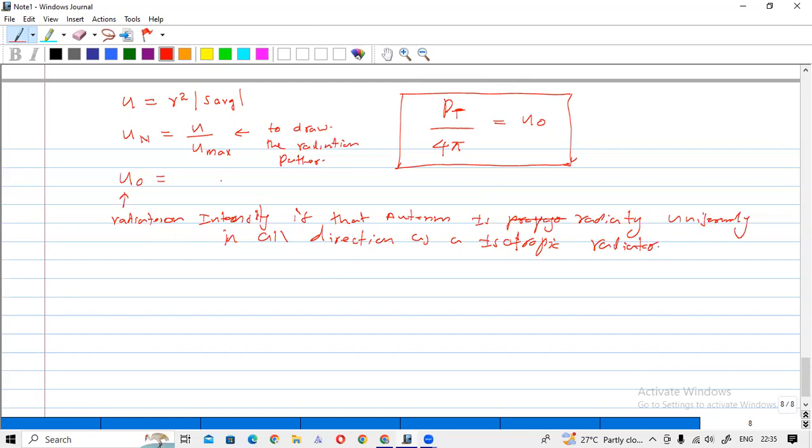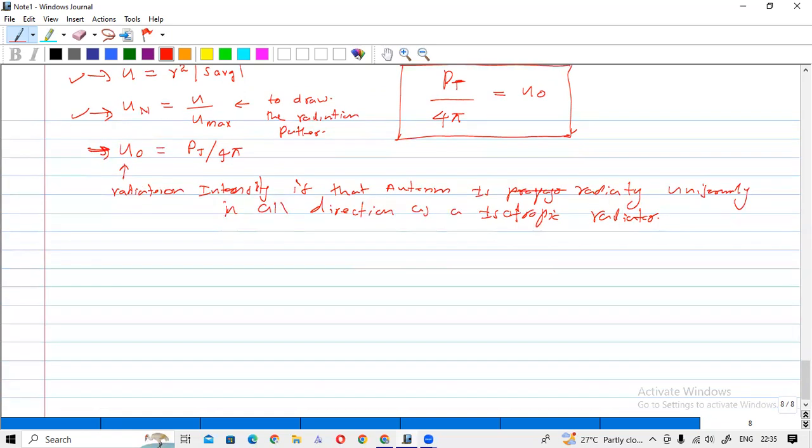That is defined by PT divided by 4π. So these terms you should understand. You know the importance of this one and this one, but this one is also important. We will see it.